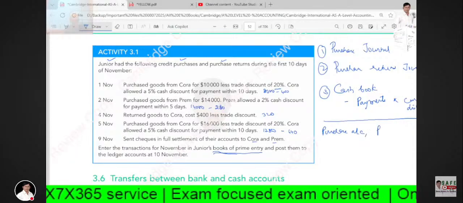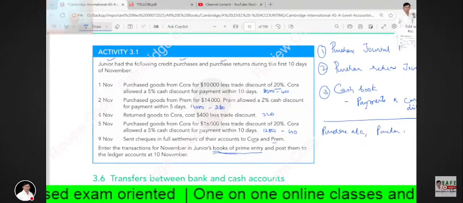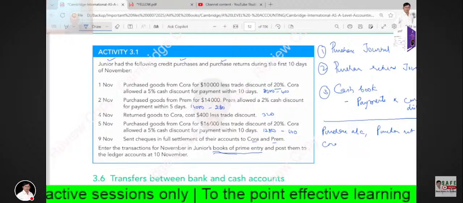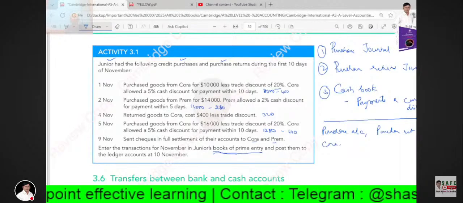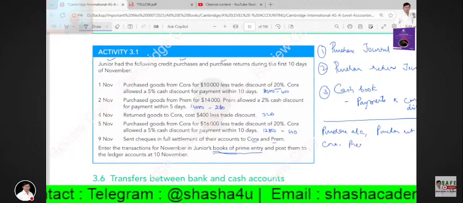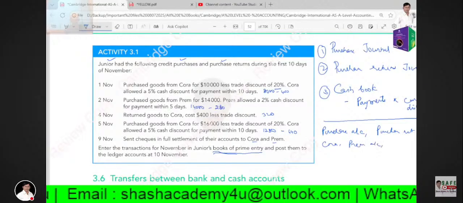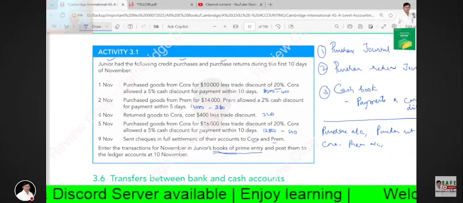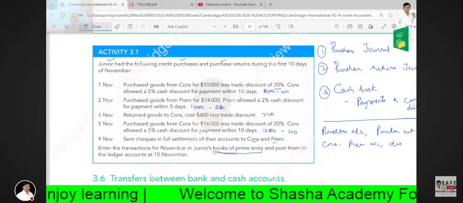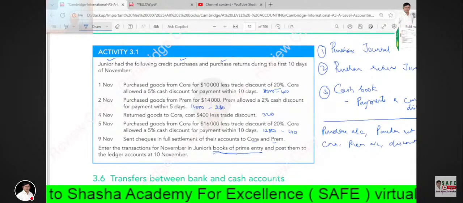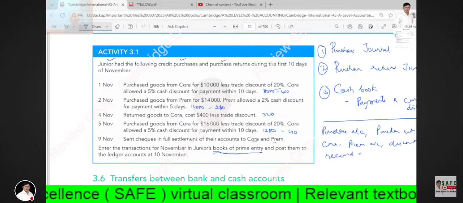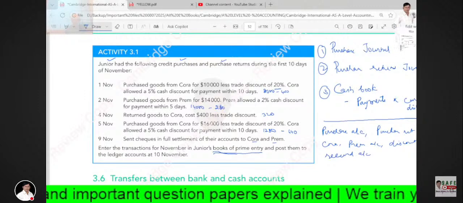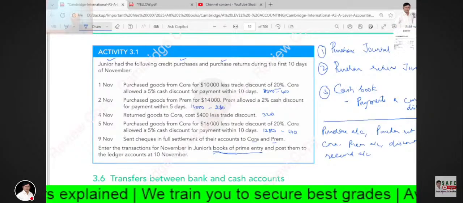So purchase returns account, then Cora account, Crane account, discount received account. So these are the ledger accounts we need to prepare: 1, 2, 3, 4, 5, 6. So we have to prepare 6 ledger accounts.